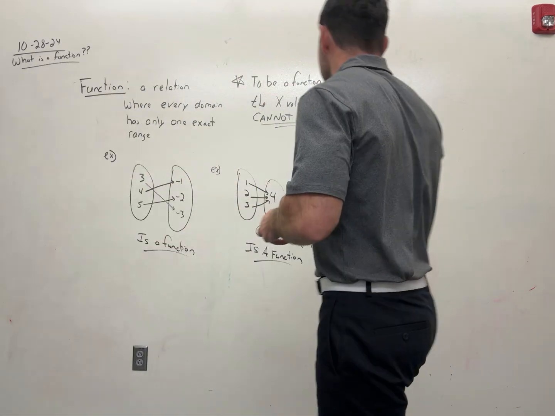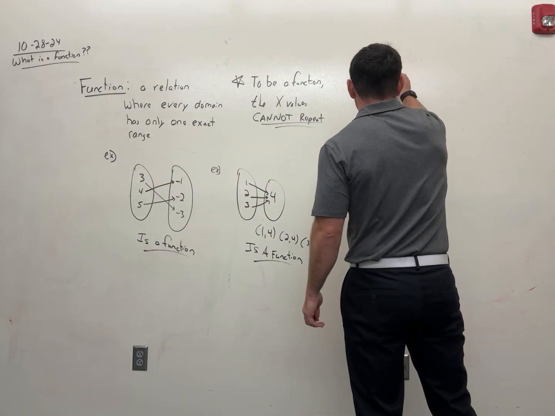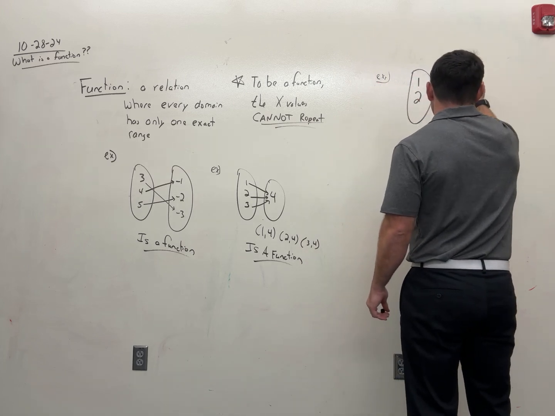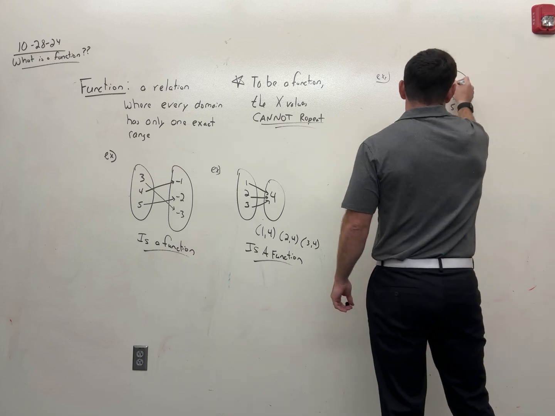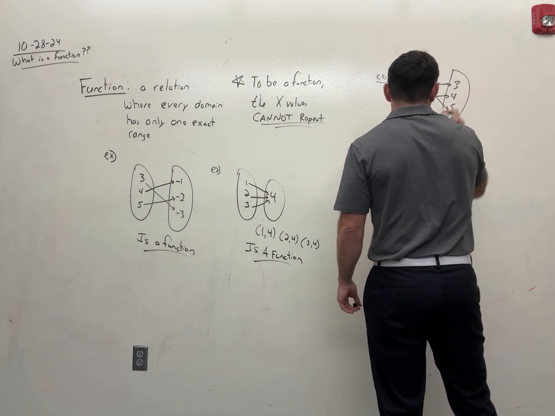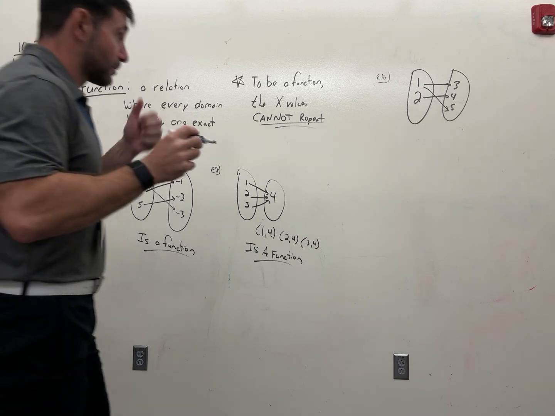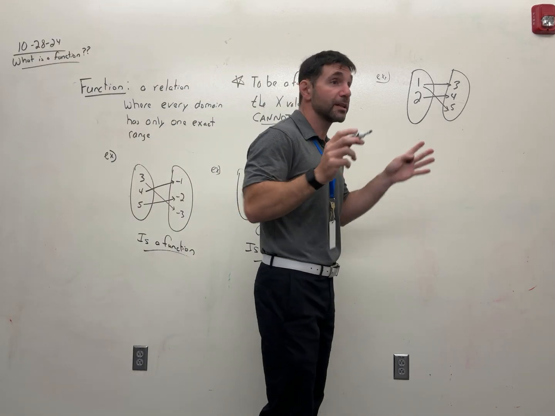Let's try this one. Example 3. Is this a function? No. Why not, Alec? Because it's 1, 2 instead of like. So let's name the ordered pairs.